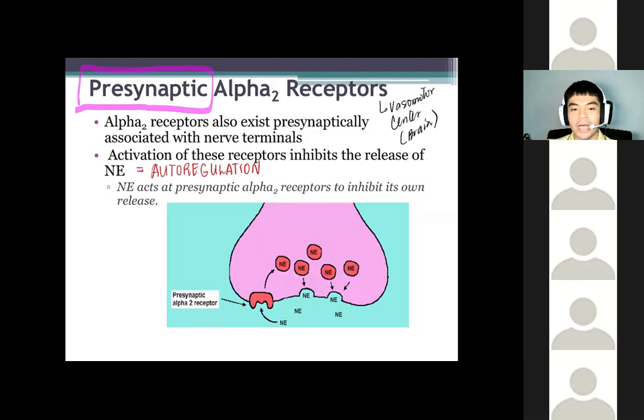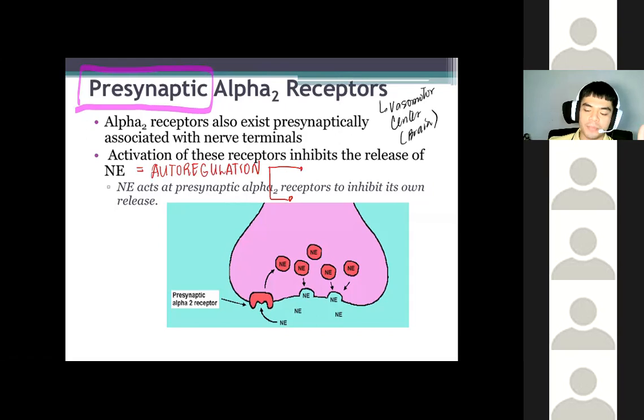So we explained a while ago that inhibition of further release would lessen the amount of norepinephrine in the cleft. Thus, lesser will be available for binding to the receptors. Kaya ang presynaptic alpha-2 ay inhibitory receptor. Now, because of autoregulation, ano ang pwedeng mangyari?